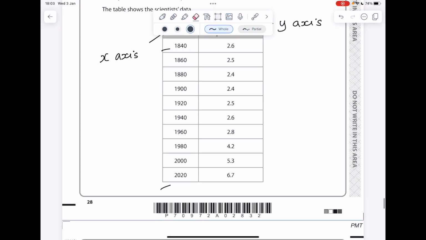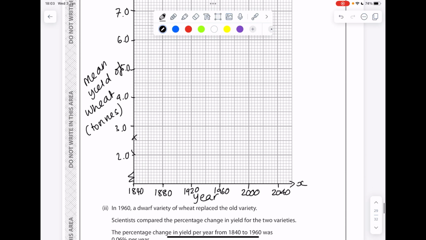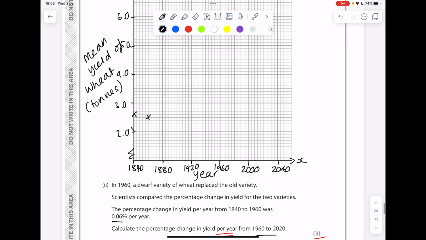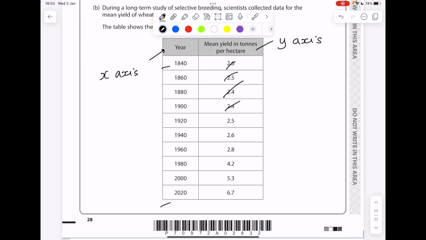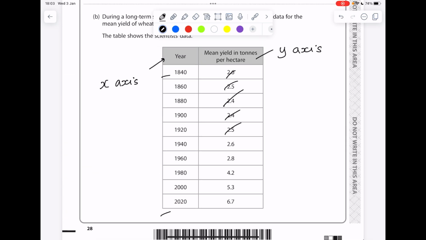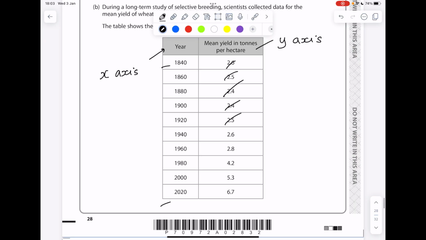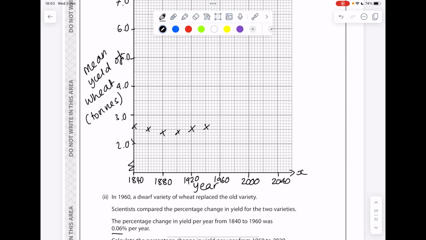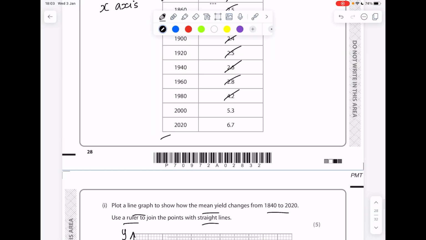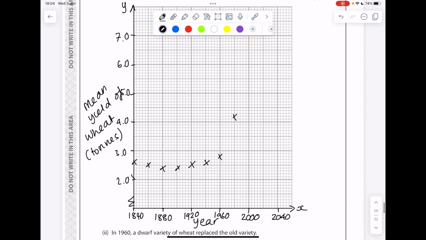So year 1840 we had 2.6. 1860, 2.5. 1880, 2.4. 1900, 2.4. 1920, 2.5. 1940, 2.6, very similar. 1960, 2.8. 1980, 4.2. 2000, 5.3.